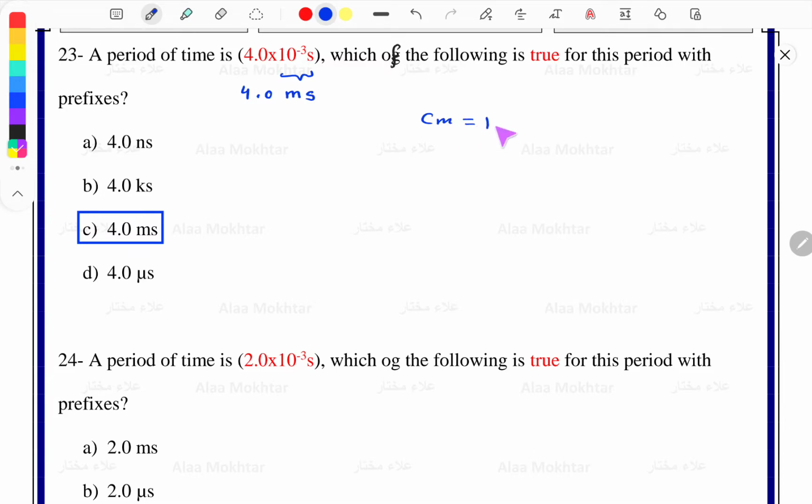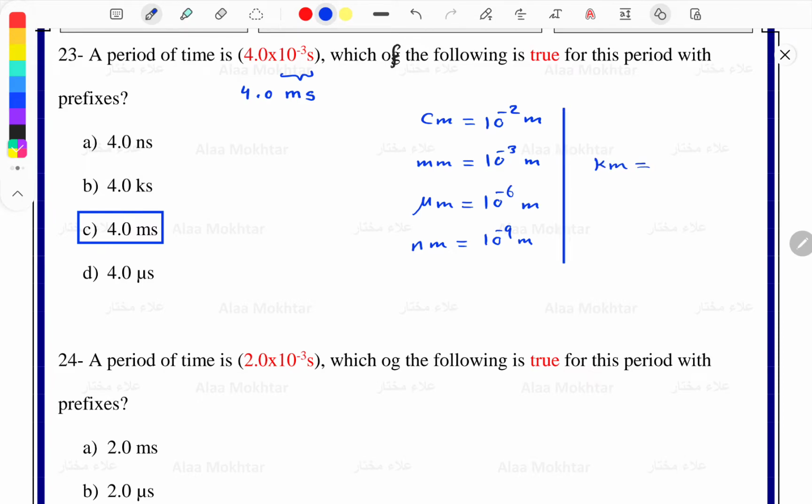Centimeter equal 10 to the negative 2 meter. Millimeter 10 to the negative 3 meter. Micrometer 10 to the negative 6 meter. Nanometer 10 to the negative 9 meter, and so on. And there is a kilometer, equal what?